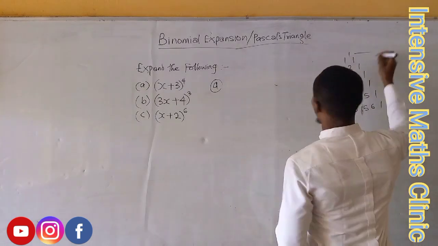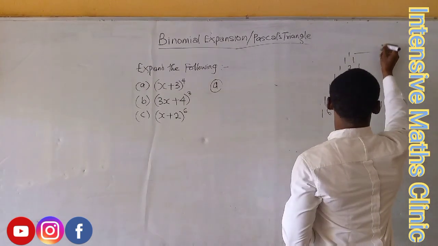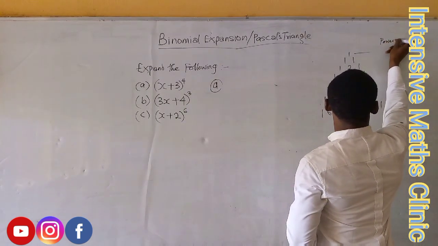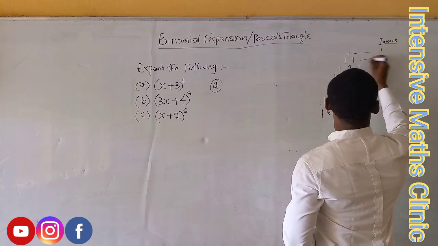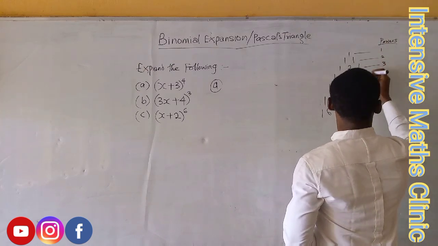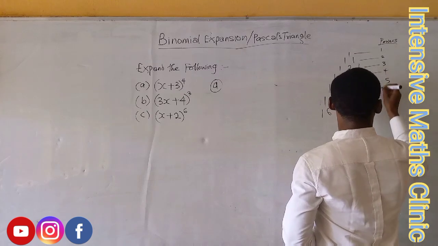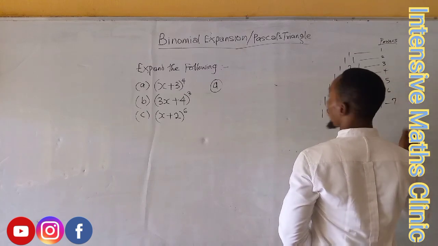So this is the power of 1, power of 2, power of 3, power of 4, power of 5, power of 6, power of 7.